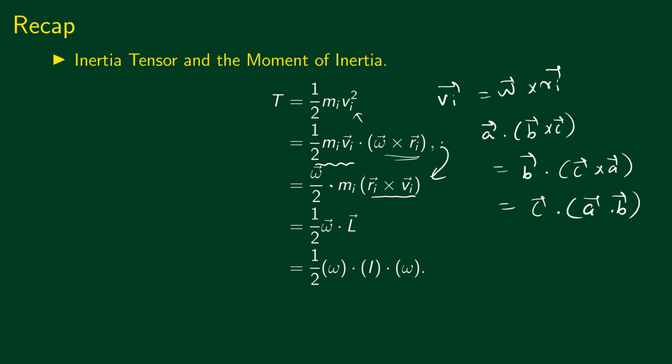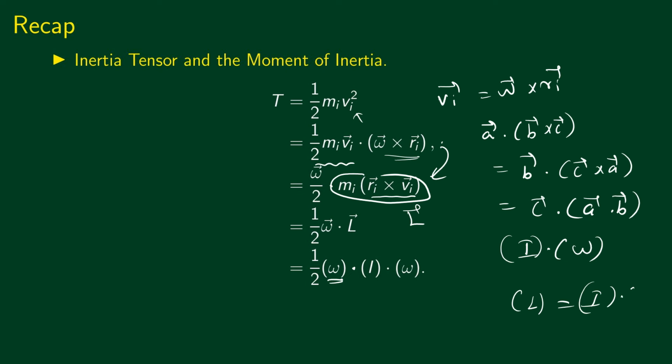Written like that, what we have here is actually the total angular momentum L vector. So we can write this as half omega vector dot L vector. But L vector itself was written as I dot omega. So going back to a previous notation, we can write omega vector as tensor omega, and we have a dot here, and L itself can be written as I dot omega.